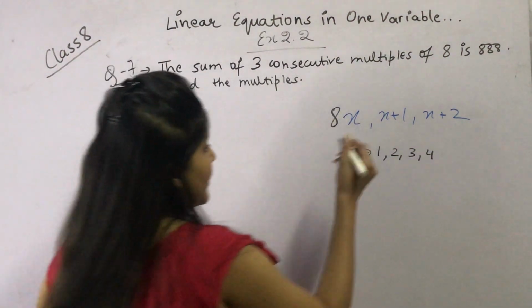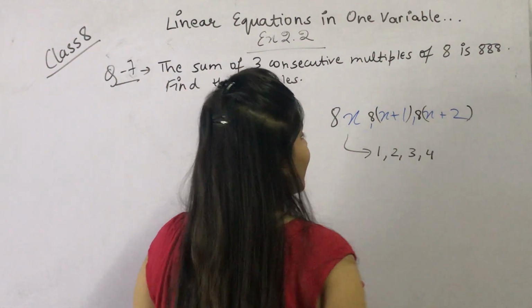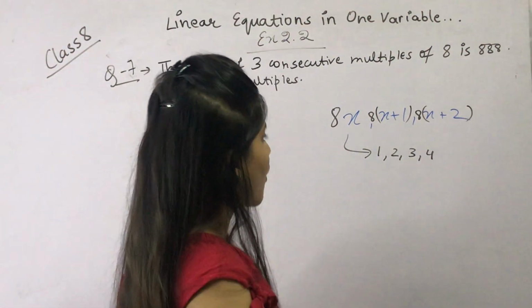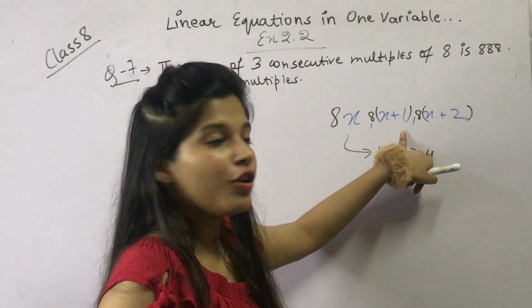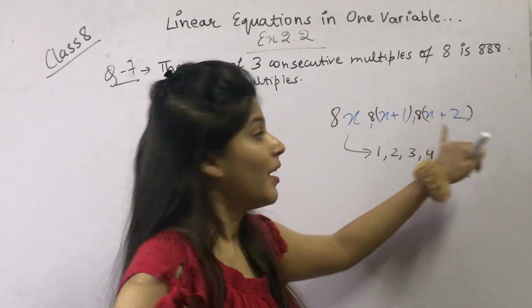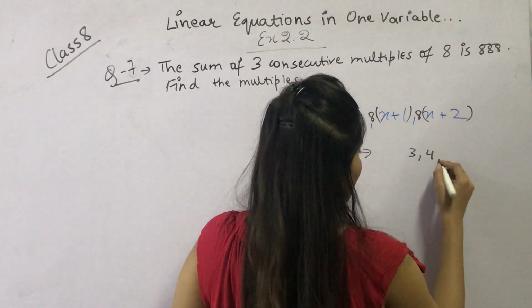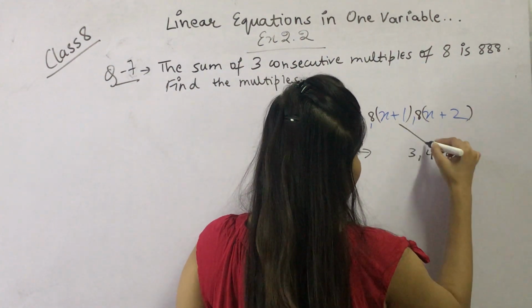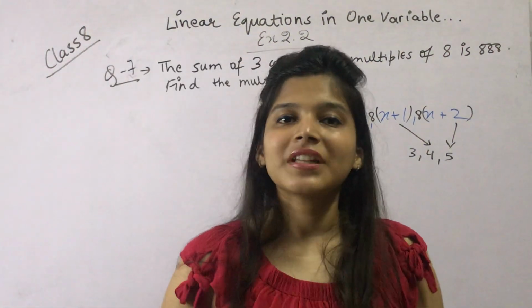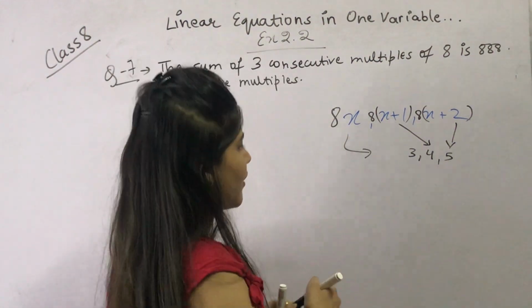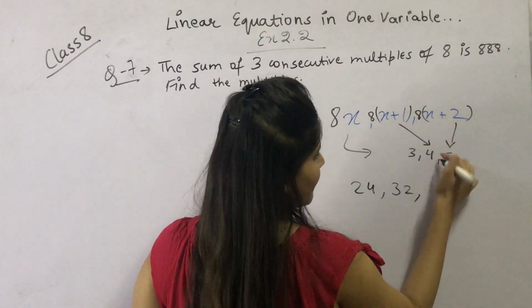So if this is into x, then this one will also be into 8, and this one also. Why? Because if x is 3, then x+1 will be 4 and x+2 will be 5. Now these are consecutive: 3, 4 and 5. So we know that into 8 they will also run consecutively. 8 3s are 24, 8 4s are 32 and 8 5s are 40.